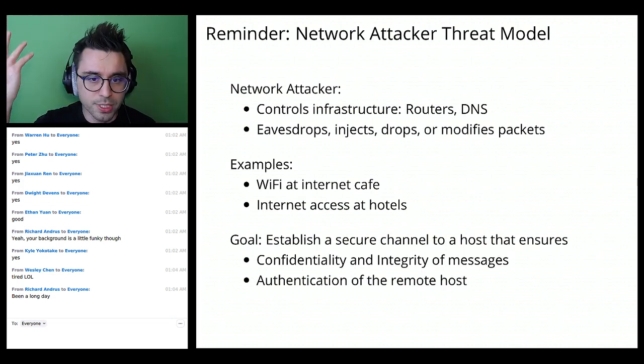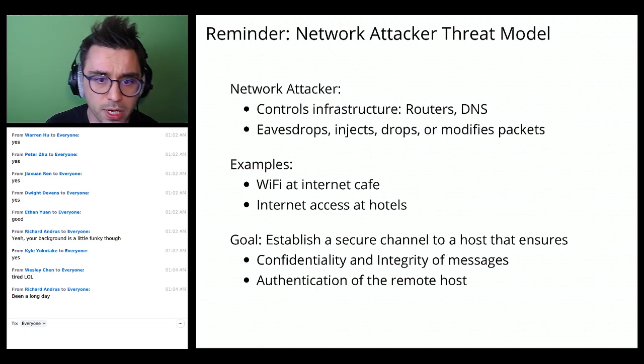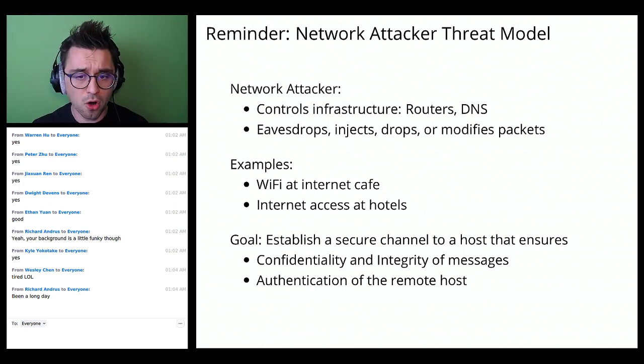You might be at UCSD. They can do this too. Honestly, anywhere within these shared infrastructure networks, these attacks are pretty realistic, but they are also realistic at a bigger scale. If you're a nation state attacker, you can control DNS, you can control BGP, and these are things we should be worried about and will want to address with TLS.